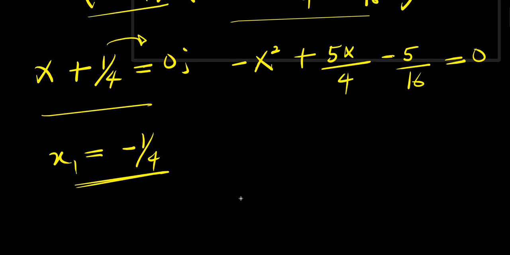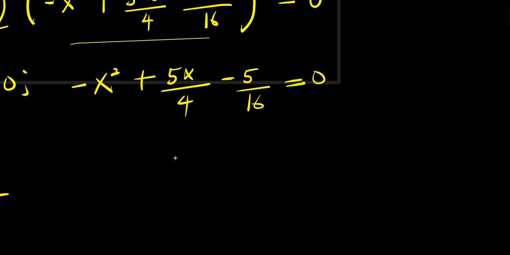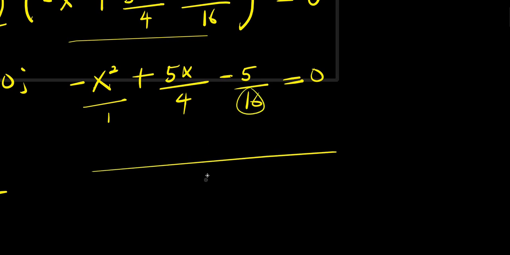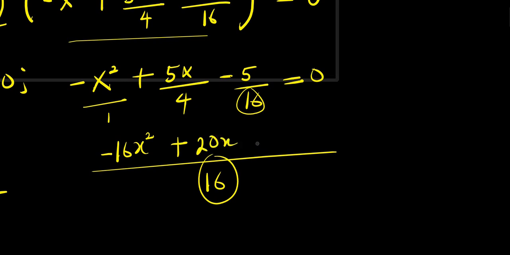now we need to find the common LCM. The common LCM here is 1. The common LCM here is 16. So we have 16. 16 divides 1, that's 16. 16 times this is negative 16x squared, plus 16 divides 4, 4 times this is 20x, minus 16 divides 16, 1 times this is 5.